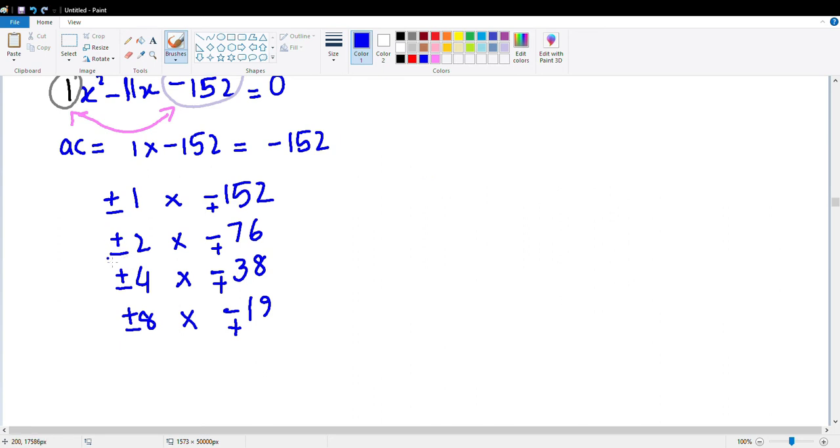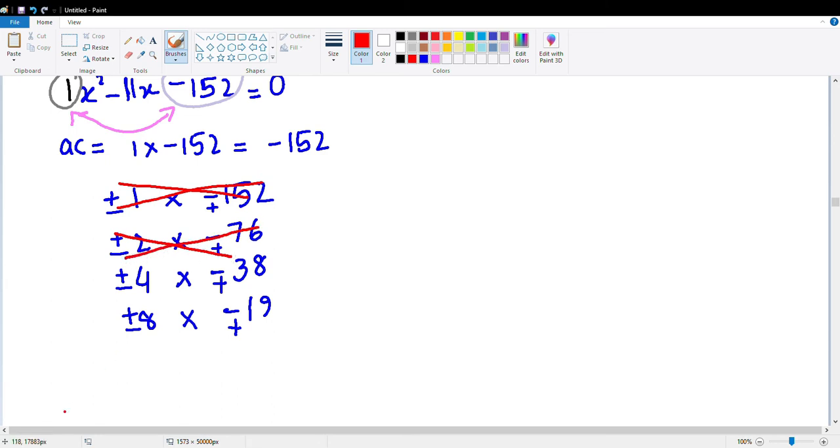Okay, so plus 1 and minus 152 will give us minus 151, and that's not what we want. And minus 1 plus 152 will give us positive 151, which is also not what we want. So no need for this. Then we have plus 2 and minus 76. That will give us minus 74, and its opposite, minus 2 plus 76, will give us positive 74, and that's not what we want either.